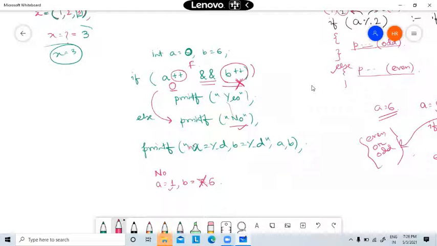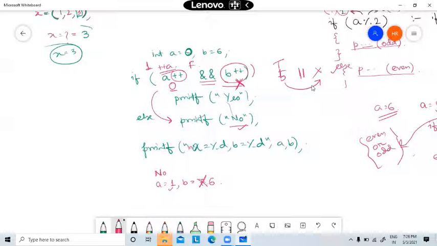Same is for the OR gate. If the first one is 1 or true, meaning a non-zero value, then it will not go for checking the next value; it will skip the next part. But suppose in this AND gate, instead of A, I write ++A. Then with pre-increment, A becomes 1, true.